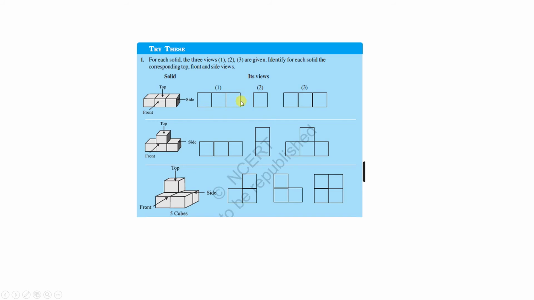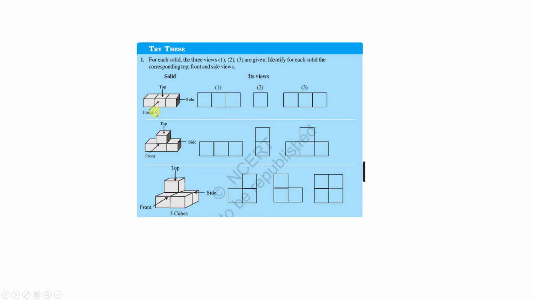So here the first and the third are the two views which look exactly the same, having three squares side by side. So from first and third, one is the top view. We will say that this first is the top view for this solid.